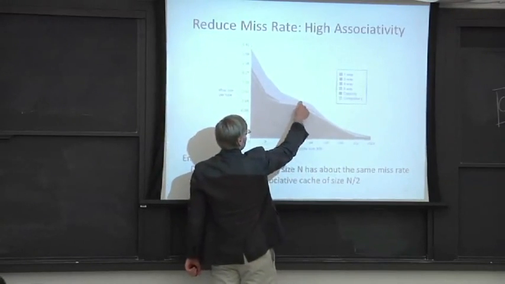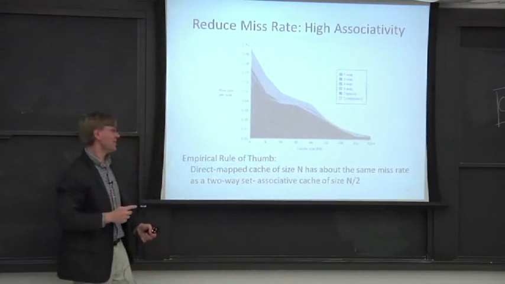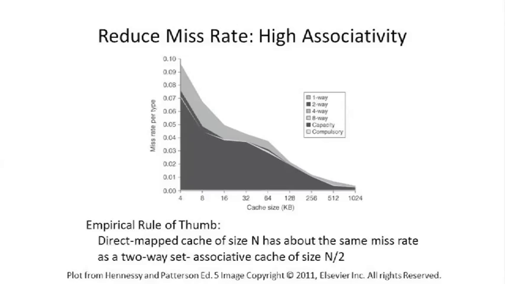What you're trying to see here is if this point is equal to that point. Well, it's not, but it's actually not a horrible approximation. If we have a 16 kilobyte cache with higher associativity, our miss rate goes down, so it's going to be somewhere in here versus a 32 kilobyte direct mapped cache, which is this point here. OK, that doesn't hold there.